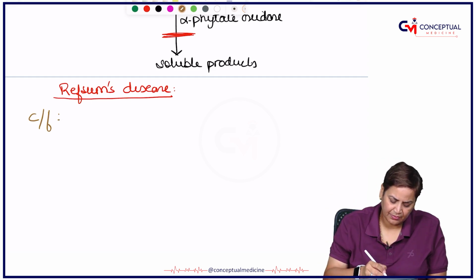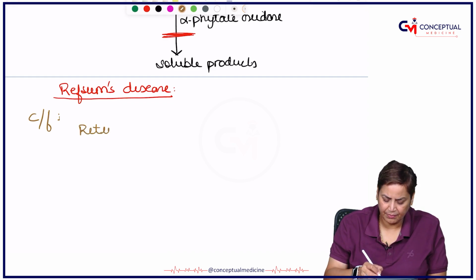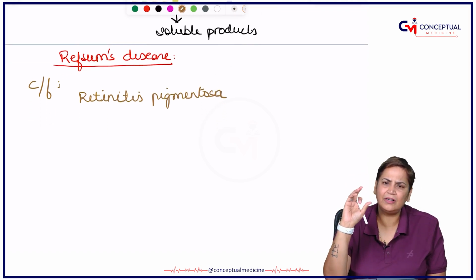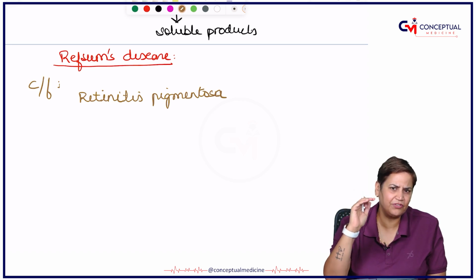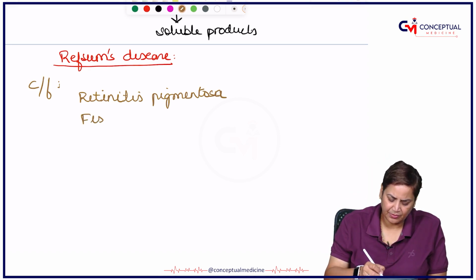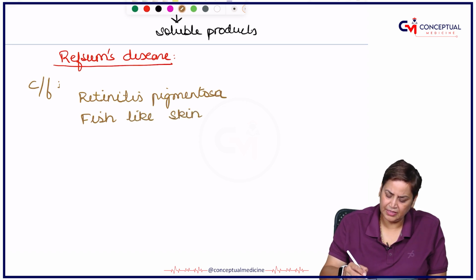So clinical features will be retinitis pigmentosa, vision will be affected, and the most important one here is the person will have scaly skin, like fish has scales, so fish-like skin will be there, rough scales, rough patchy skin.